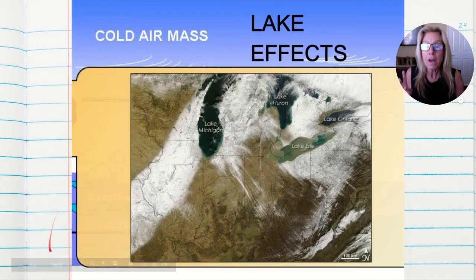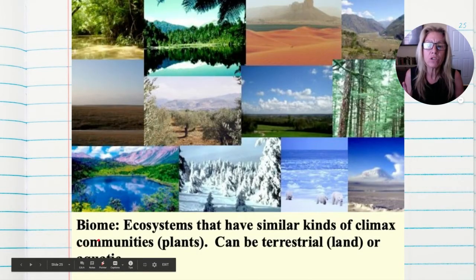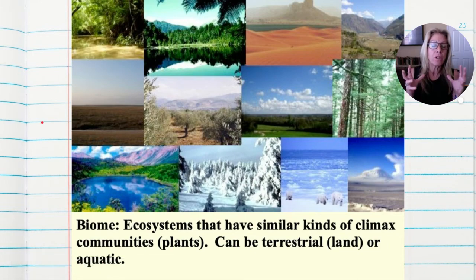Okay, so with that setup, then we can start talking about biomes. Biomes are ecosystems that have similar climax communities, either flora or fauna. So they'll have the same types of plants because of similar temperature and rainfall. You can have terrestrial, land biomes, or aquatic biomes. Guess what we have more of?